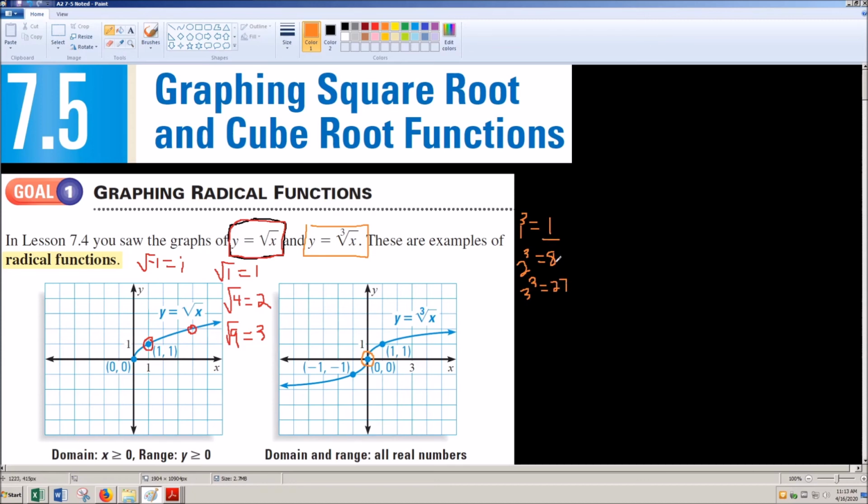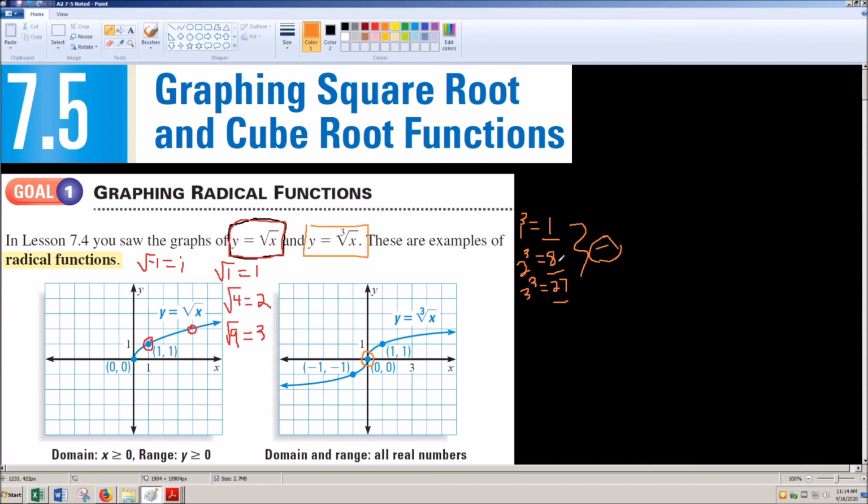These are the values I'd want to plug into this function to spit out nice numbers. Now with cubes, it can be positive or negative. So I could also plug in -1, -8, and -27 as well.